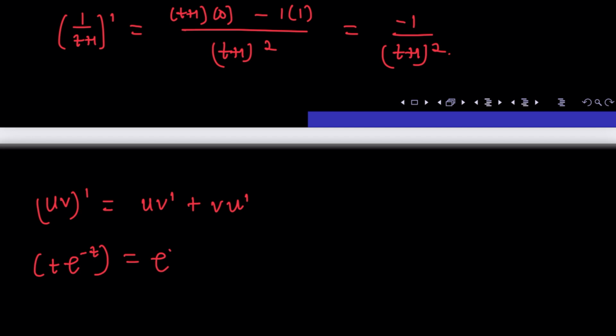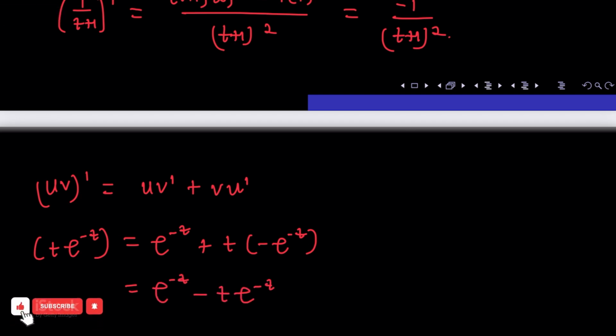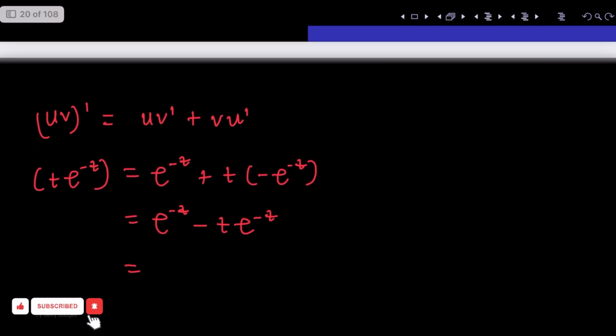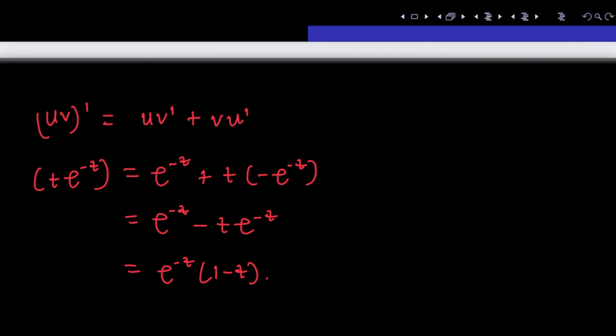So we are going to have e to the minus t, plus we now keep t, we differentiate e to the minus t, that's going to give us minus e to the minus t. So we are going to have e to the minus t minus t e to the minus t, and this can be simplified to e to the minus t (1 minus t).